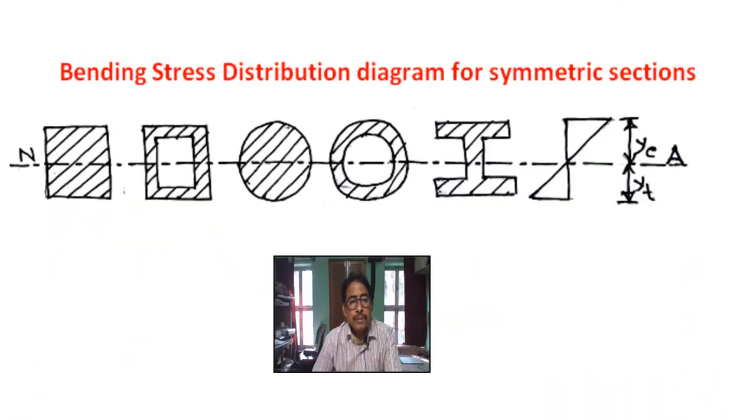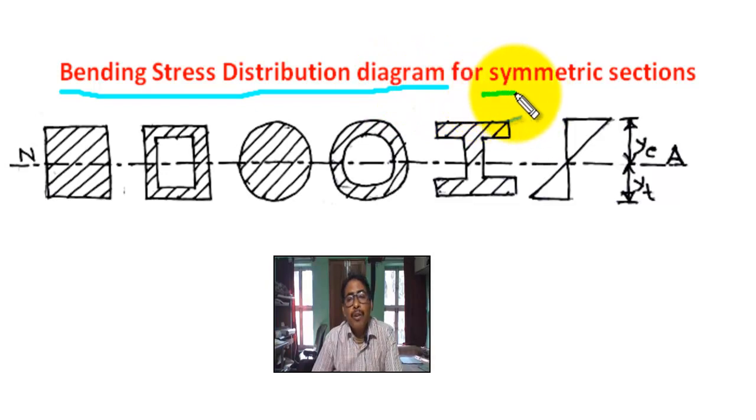Okay. Now we learn the bending stress distribution diagram for symmetric sections. This is the rectangular section. This is the hollow rectangular section. This is the circular section. This is the hollow circular section.